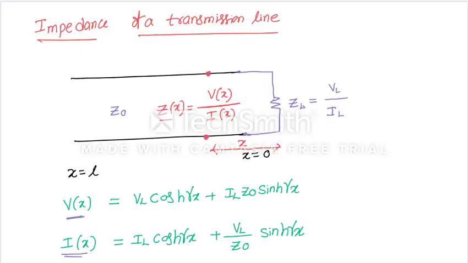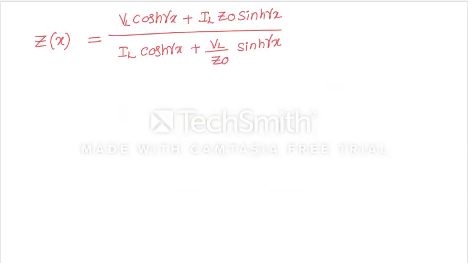Now you can see VL by IL is equal to ZL. So I can write VL is equal to IL into ZL.